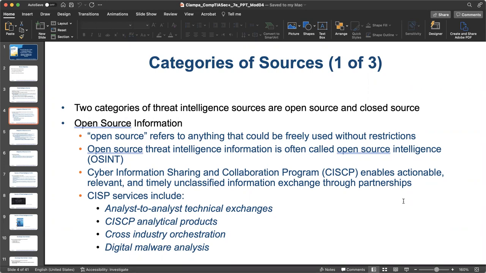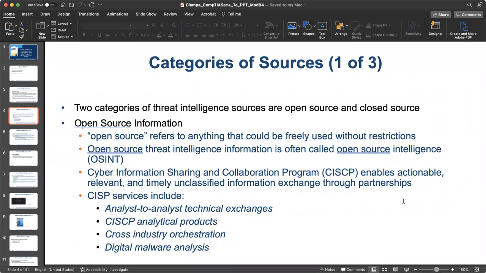We do have the analyst-to-analyst technical exchanges, in which partners can share and receive information on threat actor tactics, techniques, and procedures. We refer to this as TTPs, right? And also the emergencies and emerging trends within the industry.